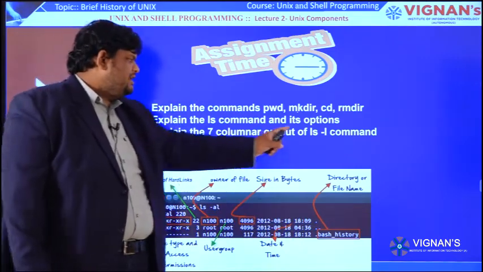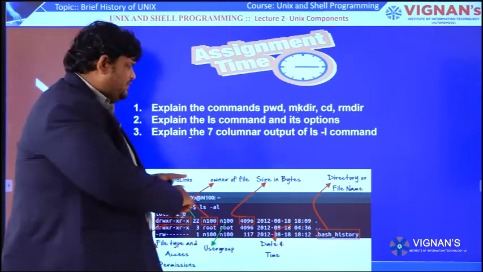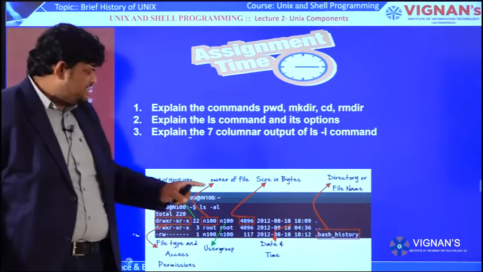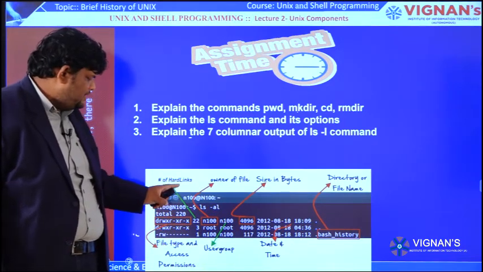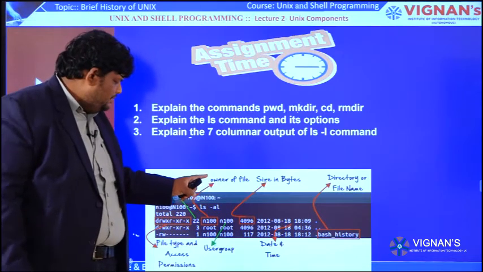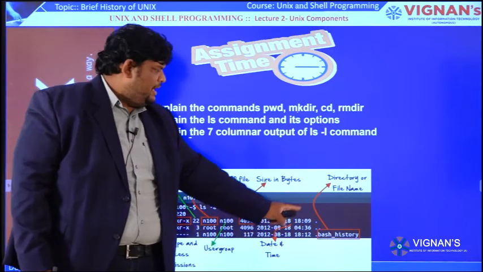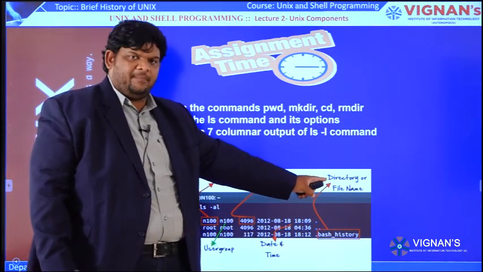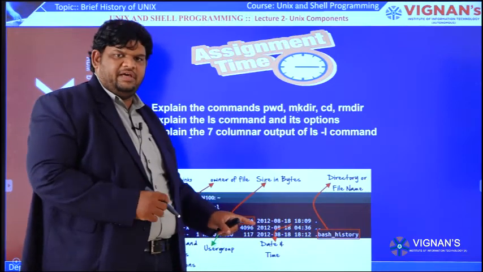So if you type ls space option l, that means long listing of the file, it will display with 7 fields: file permissions, hard links, owner of the file, user group, size in bytes, date and time, and the file name or directory name. If you type only ls, it will give only the file name or directory name.